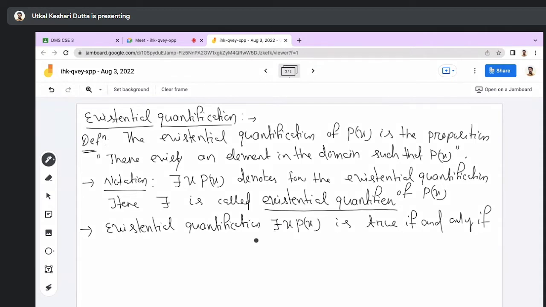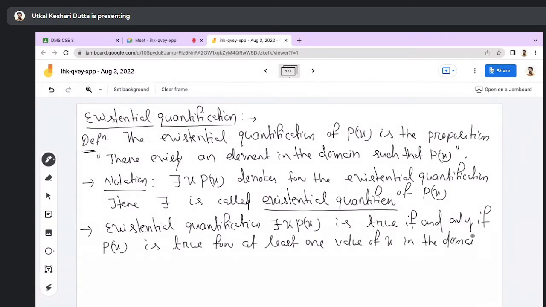Universal, for all x P of x, will be true if it is satisfied for all x. That means there exists will be true if P of x, the predicate, is true for at least one value of x in the domain.